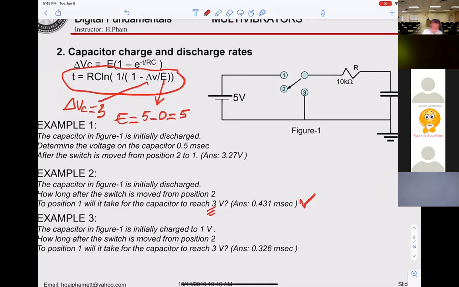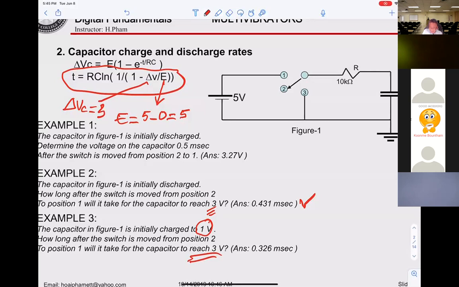And now for example 3. They say the capacitor is already charged to 1 volt. That means initially they have 1 volt. So how long does it take to move from position 2 to 1 for the capacitor to reach 3 volt?